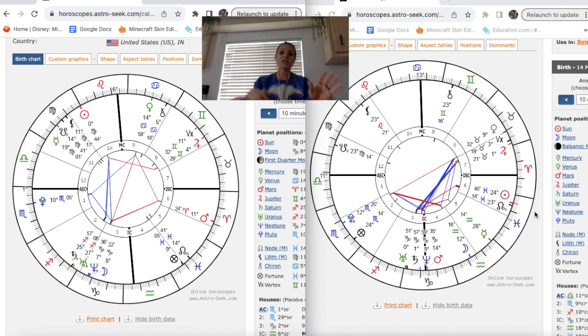So the sun, like I said, tells you temperament. Looking at the elements will tell you an earth energy is going to be very grounded, and a water energy is going to be very emotional. Not emotional like that, but just emotions are going to play a big part of that person.